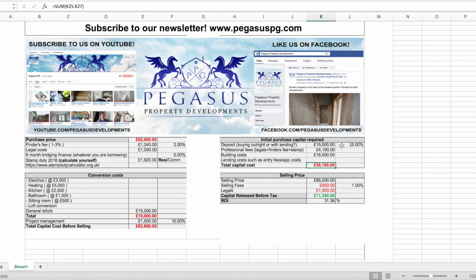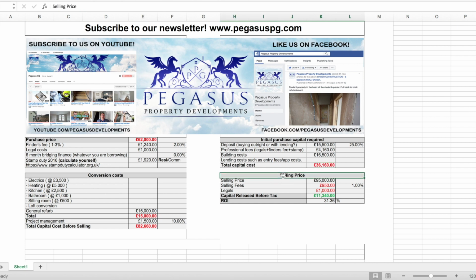So you're going to need 25% of the purchase price or 30% of the purchase price. You're going to be paying for things like finder's fees, legals, potential bridging finance, exit fees for the bridge, app costs. So this kind of works out all your upfront costs that you're going to need to be able to do a project. So you're not basically stretching yourself out or spreading yourself too thin.